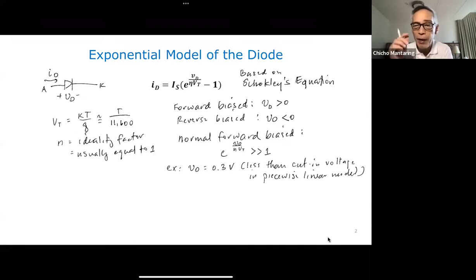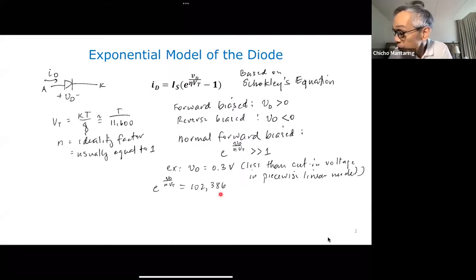But actually, there will be a very, very small current, almost negligible. If I compute for e to the V_D over nV_T, assuming n is equal to 1, I computed this already, this is 102,386.